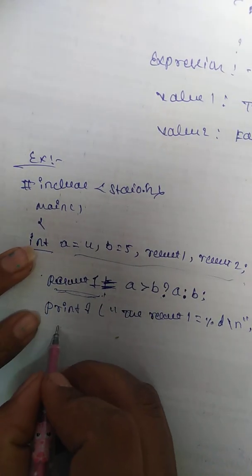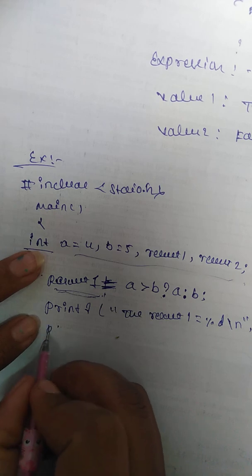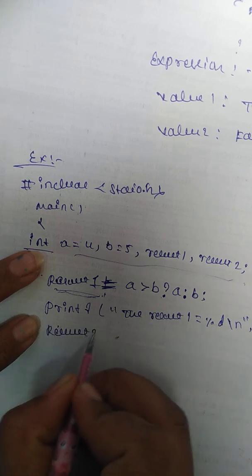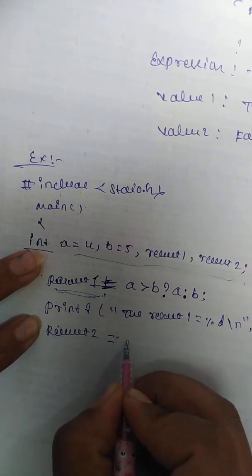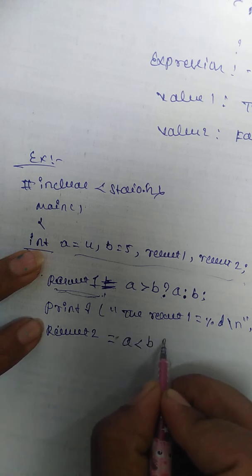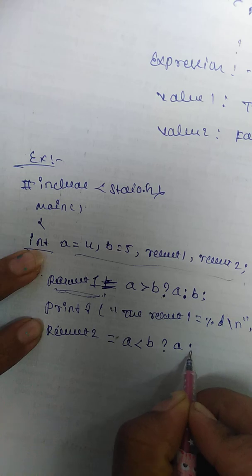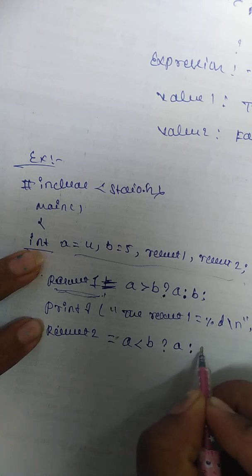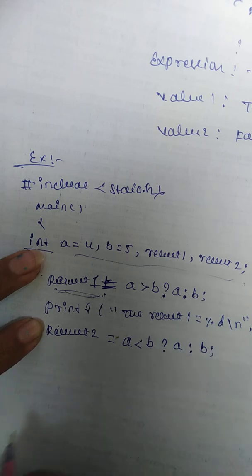Then for the second one, result 2 is equal to a less than b question mark a colon b semicolon.